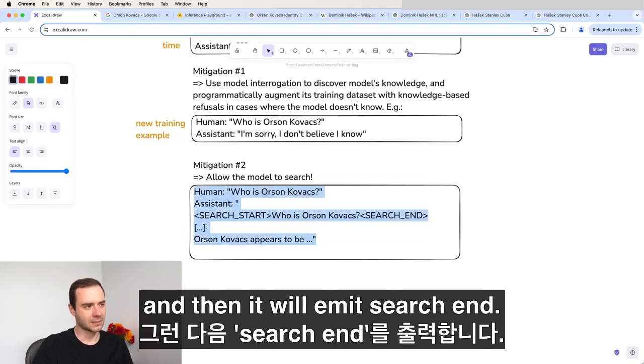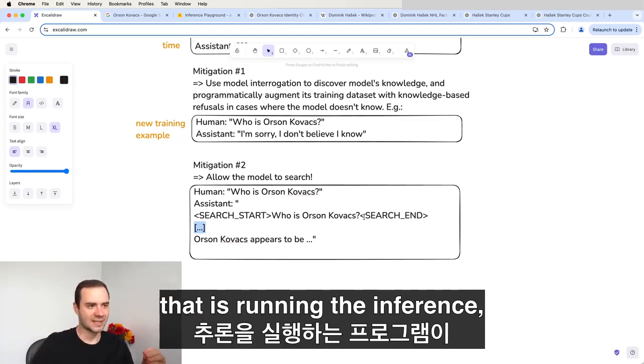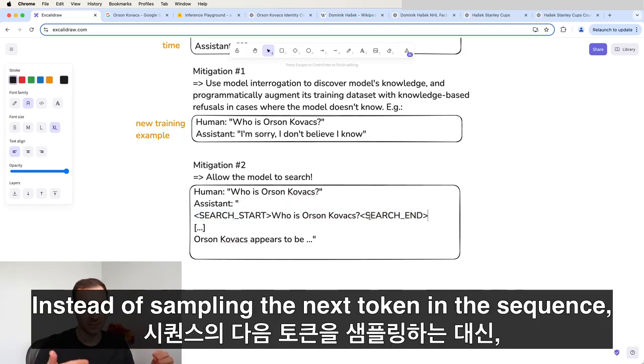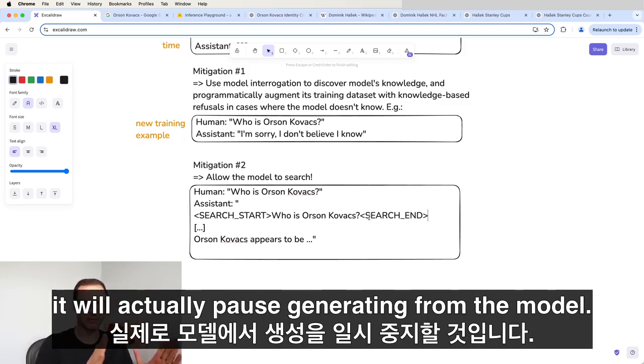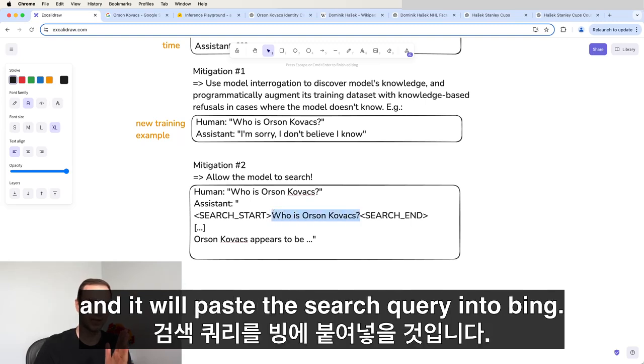And then here, what will happen is that the program that is sampling from the model, that is running the inference, when it sees the special token search end, instead of sampling the next token in the sequence, it will actually pause generating from the model. It will go off, it will open a session with bing.com, and it will paste the search query into Bing.